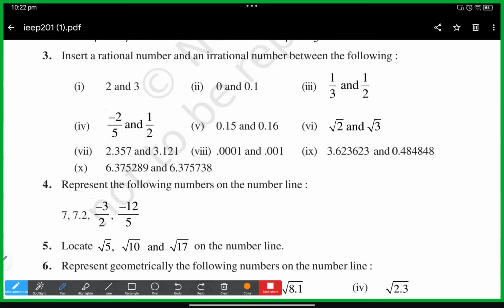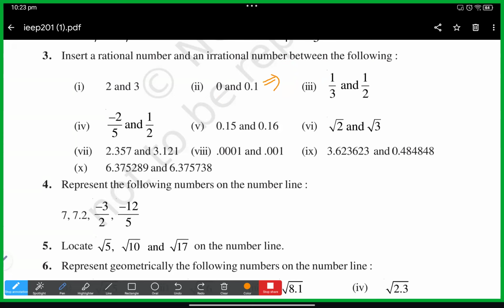Oh, we forgot one. In between 0 and 0.1, for the rational number we can write 0.01. Is it a rational number? Yes. 0.01 will be in between 0 and 0.1. And for the irrational number, we can write 0.01 and any other random numbers.